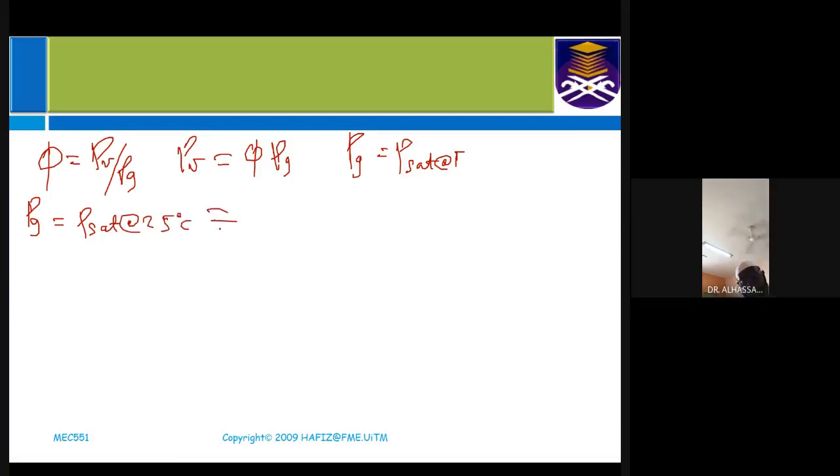And this gives me, if you calculate this carefully, you're going to get PG equals about, if you check from your property table, about 3.1698 kilopascal.